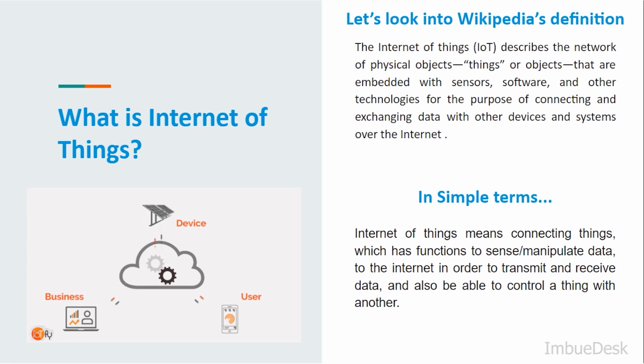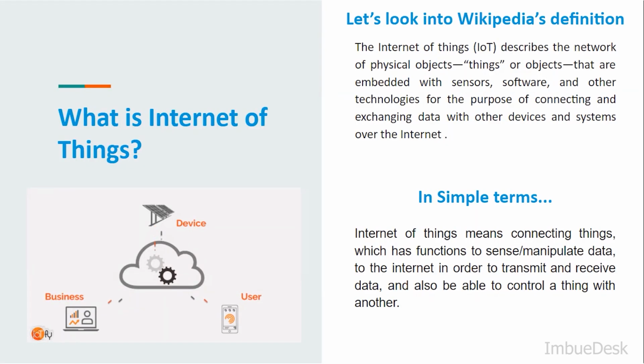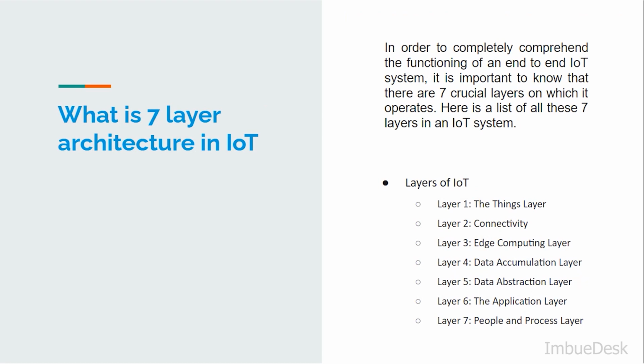So, in simple terms, Internet of Things means connecting things which have functions to sense or manipulate data to the internet in order to transmit and receive data, and also be able to control a thing with another. Let's now see the 7-layer architecture in IoT. I hope you got something about IoT.